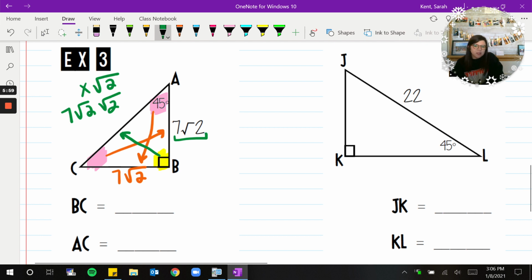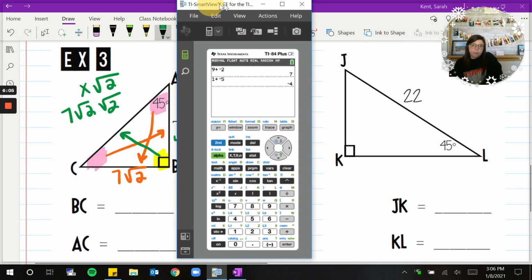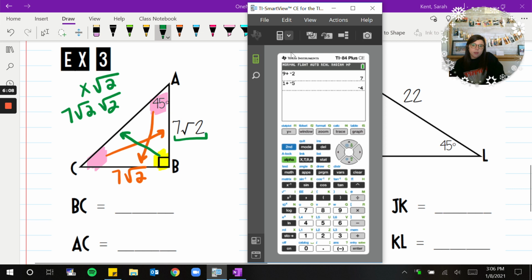To make this a little simpler, I can go to my calculator and type in 7 square root of 2, times square root of 2. Now this matches what I've written down.